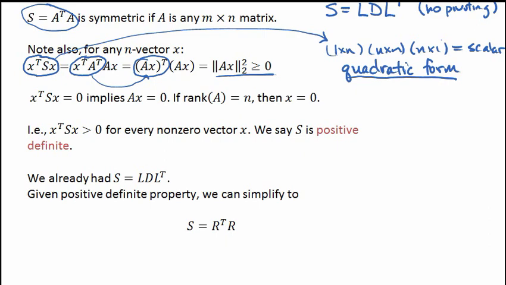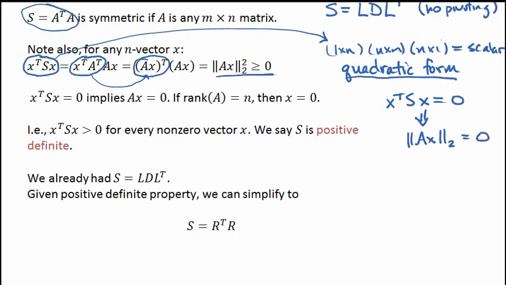Okay, now when can this quadratic form equal 0? Well, the only way that X transpose SX equals 0 is if the norm of AX is equal to 0. So maybe I should write that out. If that quadratic form is equal to 0, well, we just showed that it's equal to the square of this guy.